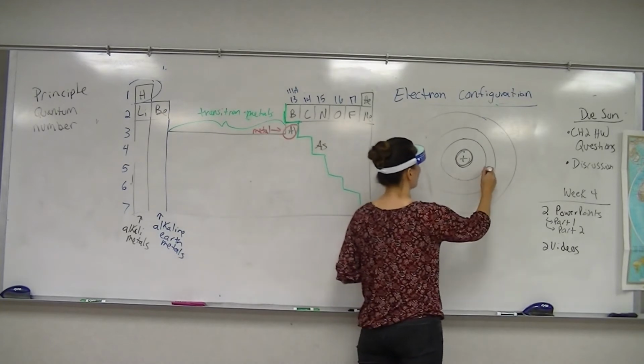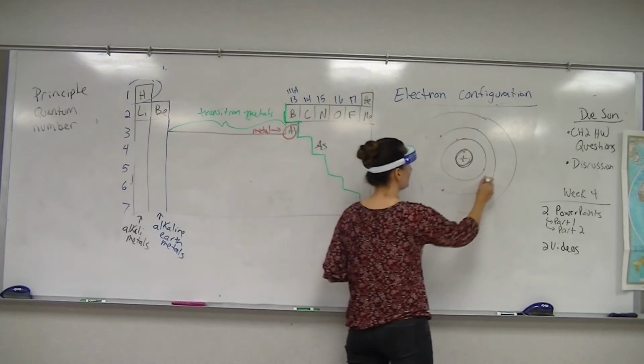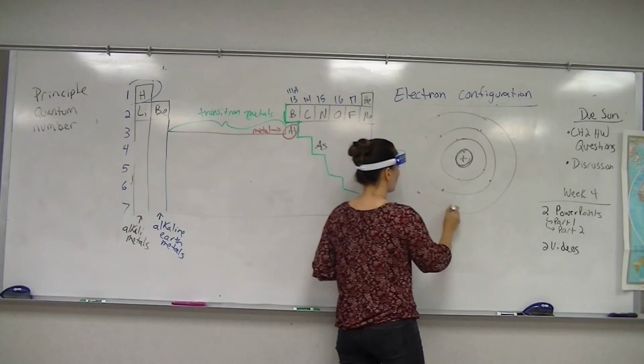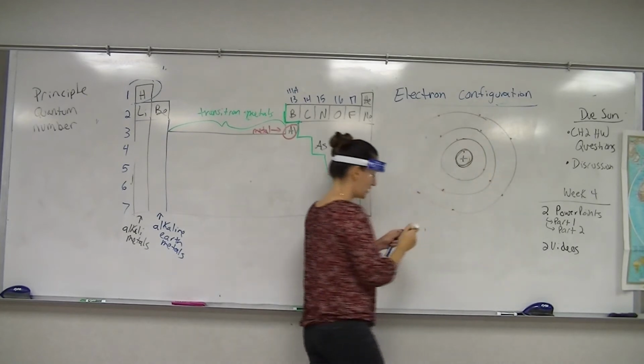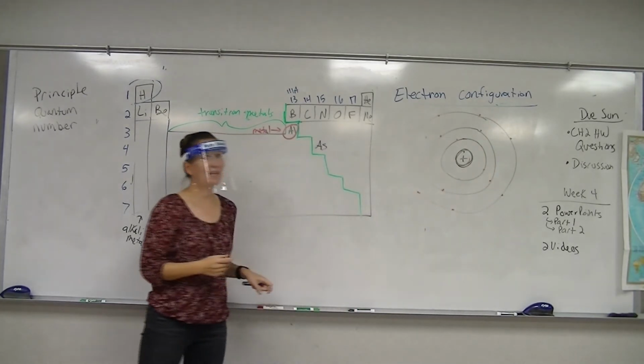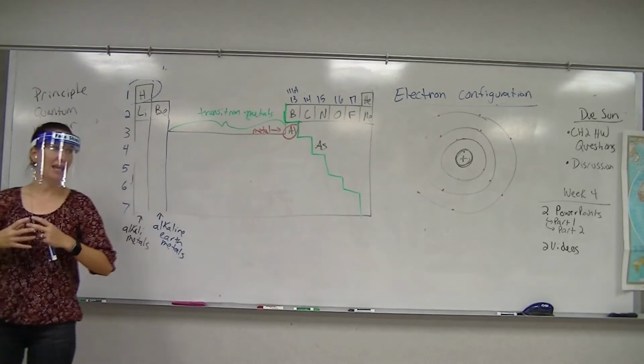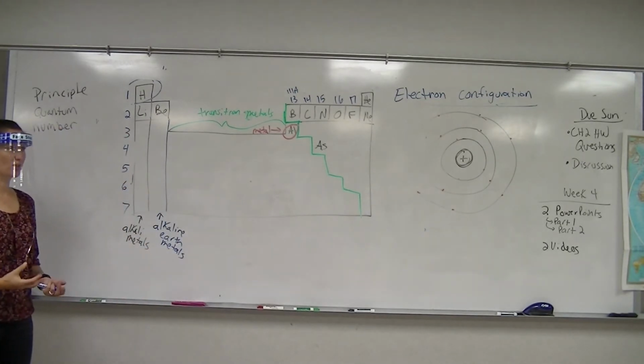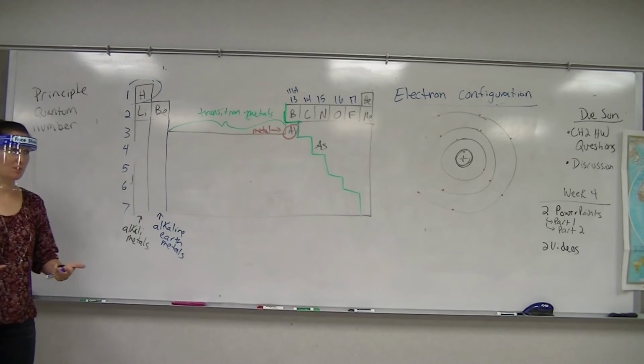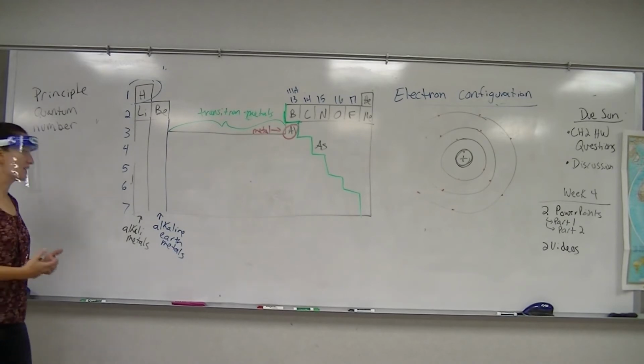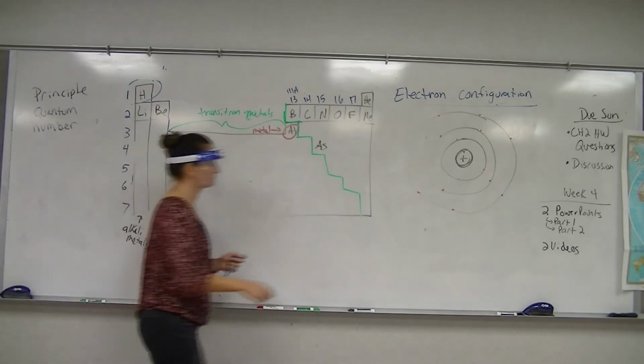Remember I said electrons are hard to pinpoint because they're constantly moving. So with electron configuration we're going to try to explain the probability or the area that those electrons are in. We're going to try to give that electron an address, so to speak. And we're going to do that by using a series of numbers and letters.